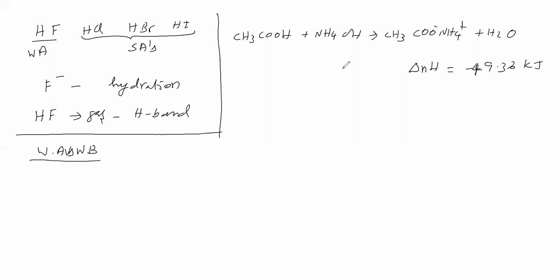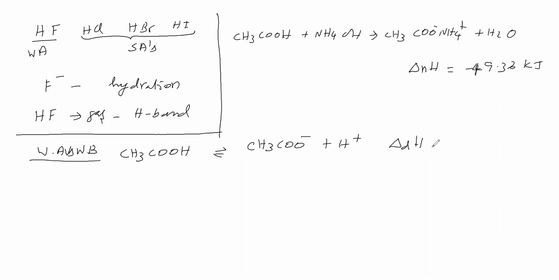Why is the enthalpy of neutralization less than 57.32? Because both are weak: the acid is weak and the base is also weak. This acetic acid takes some amount of heat from the surroundings to undergo complete dissociation.